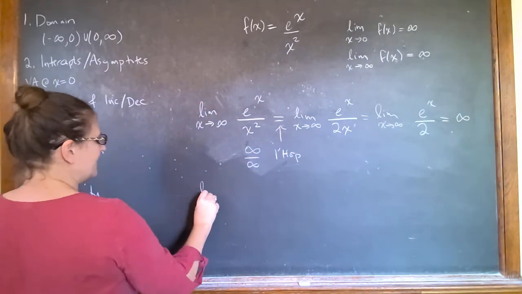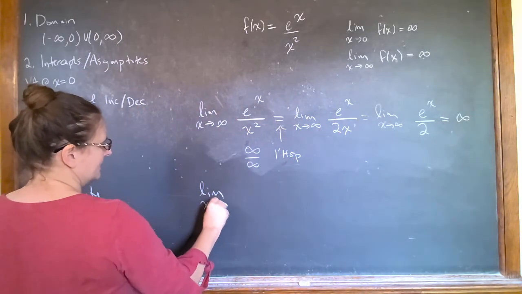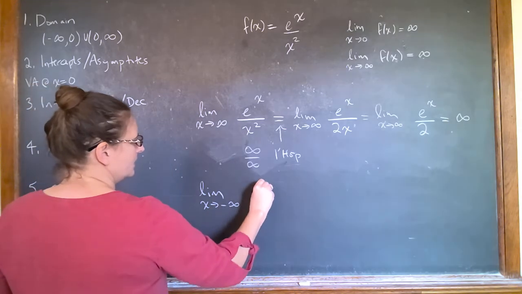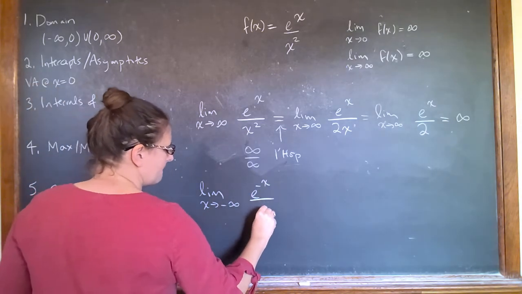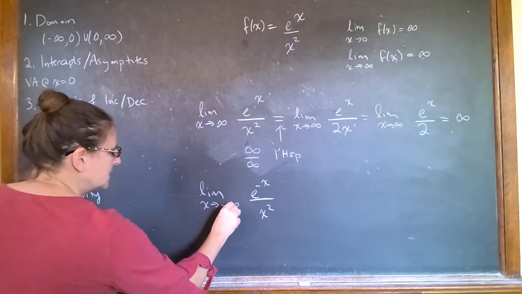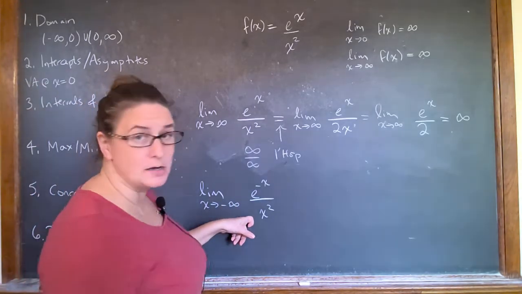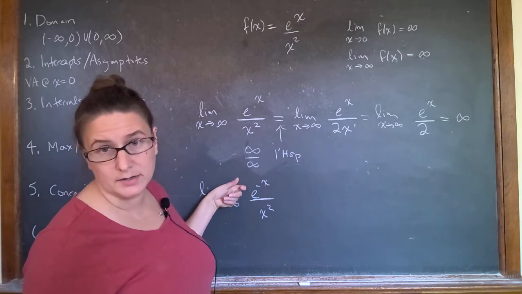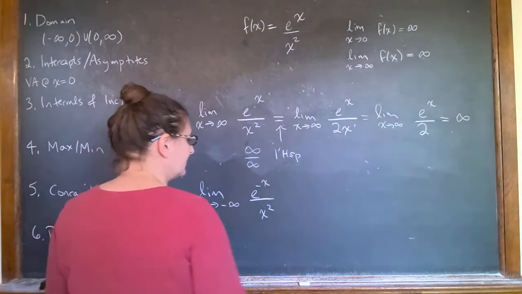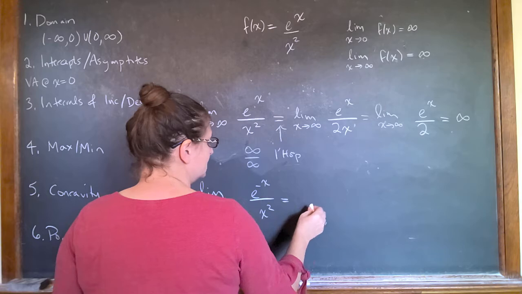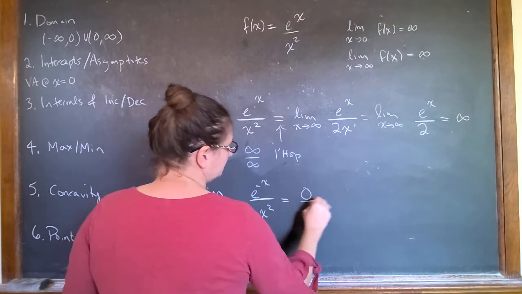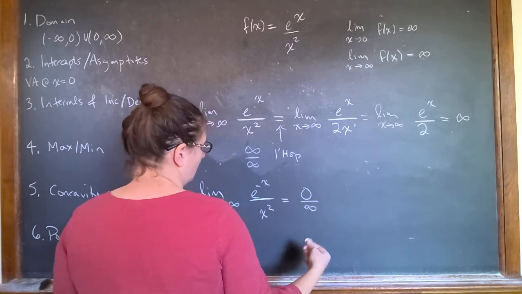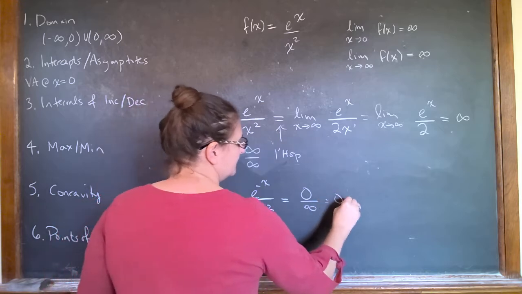But on the left-hand side, when x goes to negative infinity, look what happens, right? Because this is infinity in the bottom, fine, but this is going to 0 on top. So I can really think about this as being 0 over infinity, or 0 times 0, right?